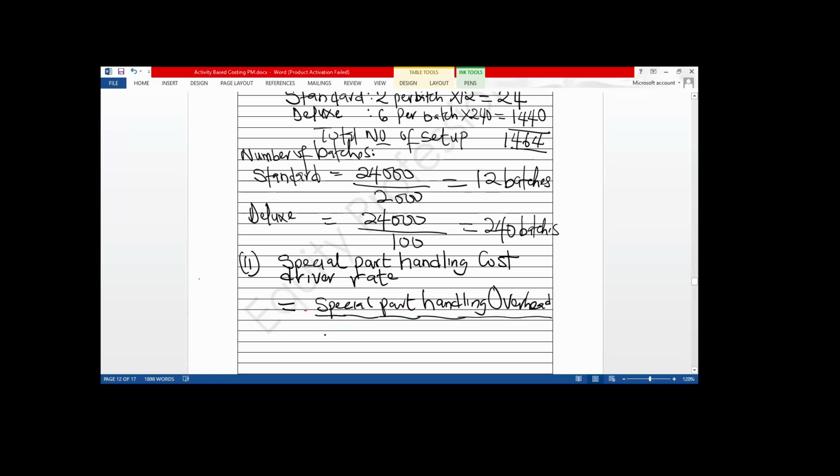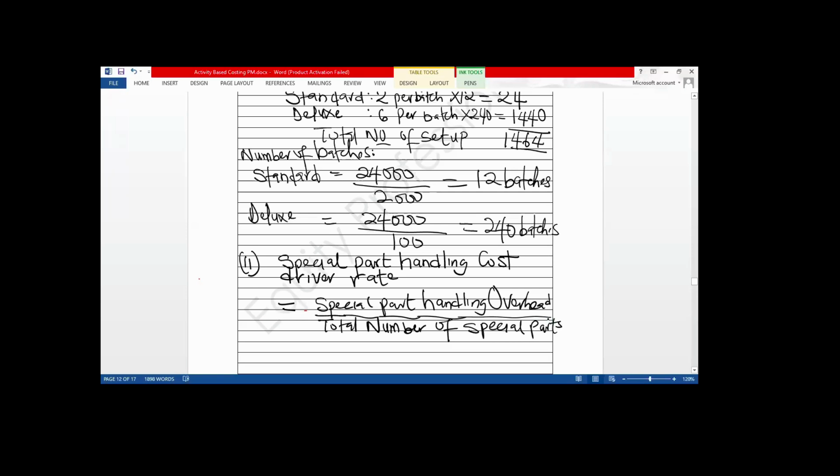Number of special parts. Special parts handling overhead divided by total number of special parts. Now go back to the question.